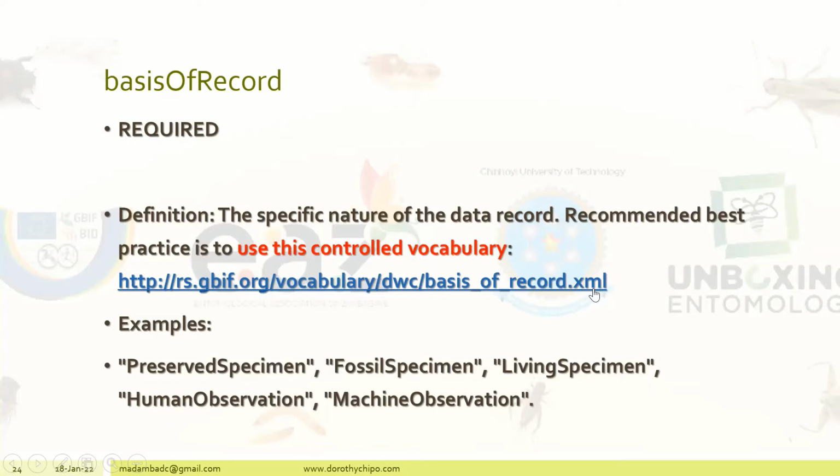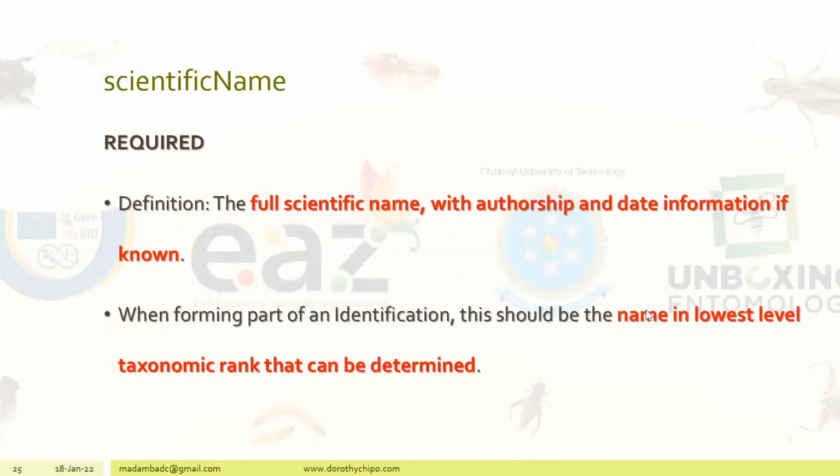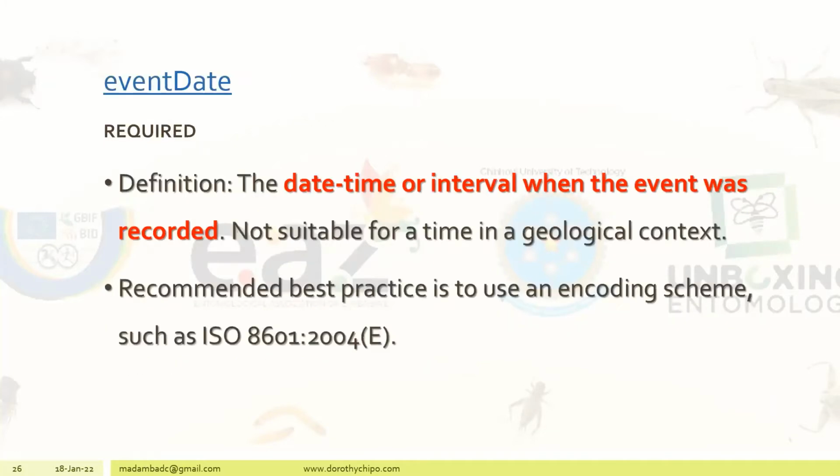Was it a human observation? So there's already vocabulary for that also supplied on the link. The other term is the scientific name, which we've already gone through, and I've explained at length what it entails.